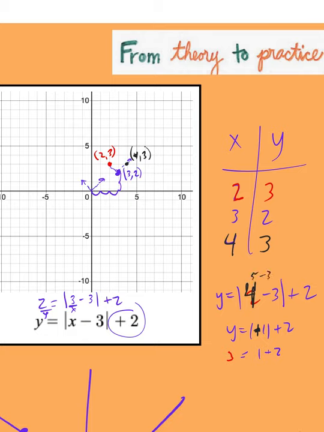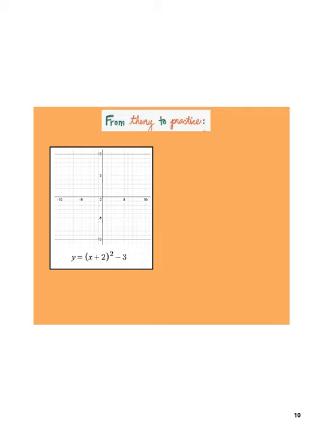So I'd have 5, 4, and so on. So I still keep my diagonal pattern here, going over 1 and up 1 each time. It's just that I've moved it 3 to the right and 2 up based off of the original horizontal translation and vertical translation that occurred to begin with.